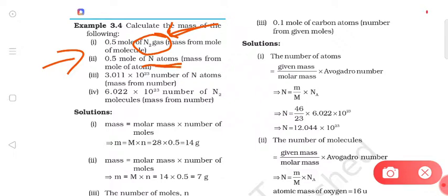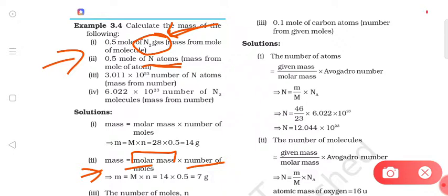But when they have specified nitrogen atoms, then we should know that they are talking about 1 mole of nitrogen atoms. So again we will do the same thing. We have to calculate the mass. We are given the number of moles, and we need to calculate the molar mass of nitrogen atoms.